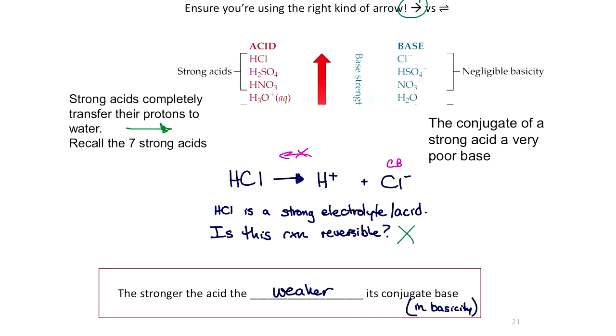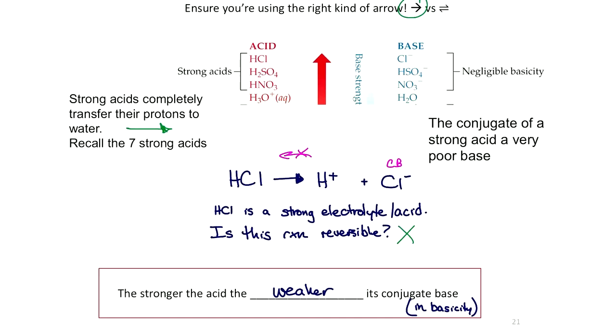Remember, what's the definition for a Bronsted-Lowry base? What does it do to protons? It accepts protons. So if this reaction does not go in the reverse, does chloride ever accept a proton? It does not. So the rule here is the stronger your acid, the crappier the conjugate base is.